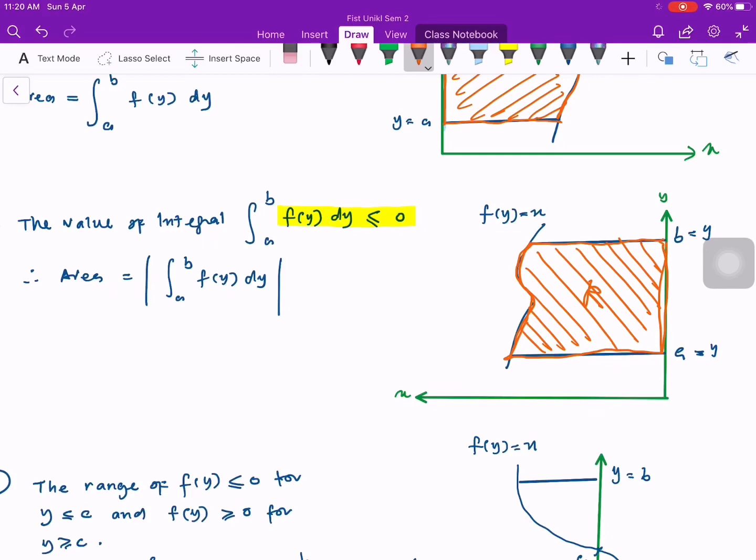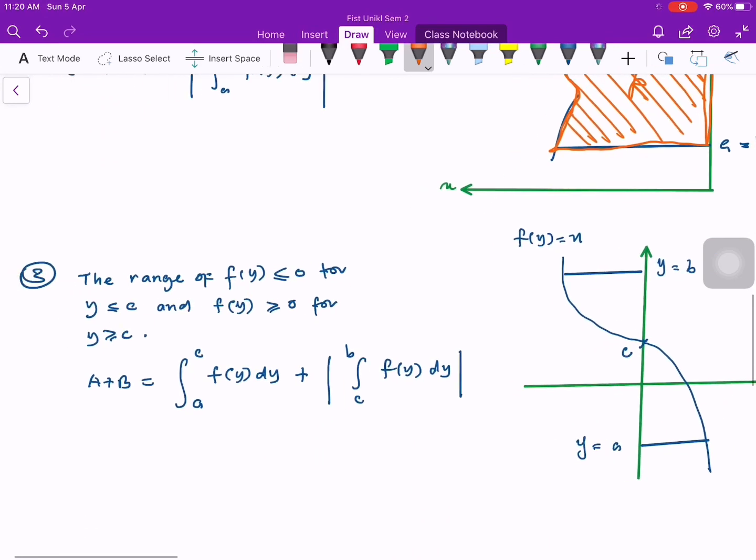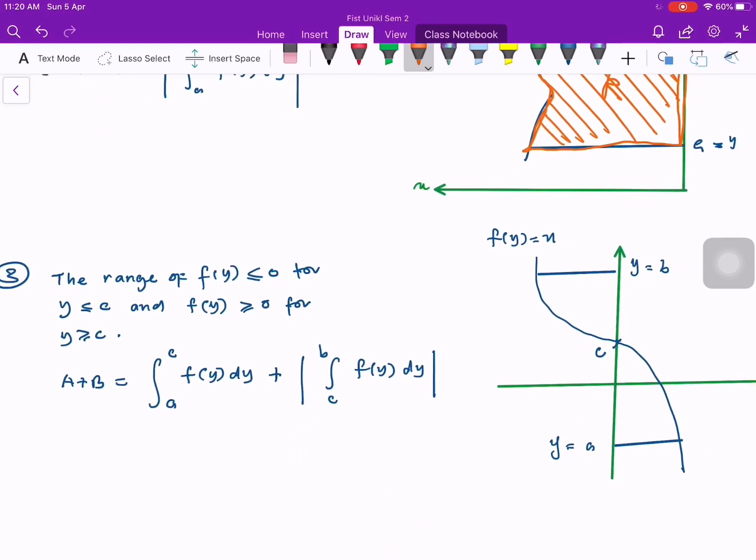And lastly, the same thing, kalau kita ada graph of f(y) which kita akan ada di positive and negative side, okay, kita akan bahagikan kepada dua area. Okay, so katakan dekat sini we have a function of f(y) with the y-axis, and also we have y is equals to b.